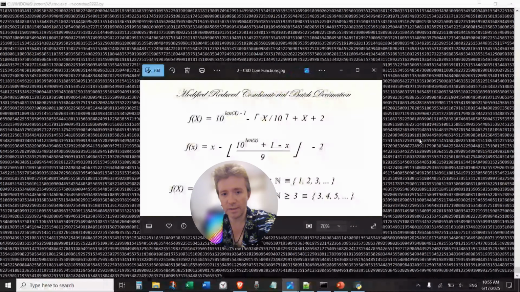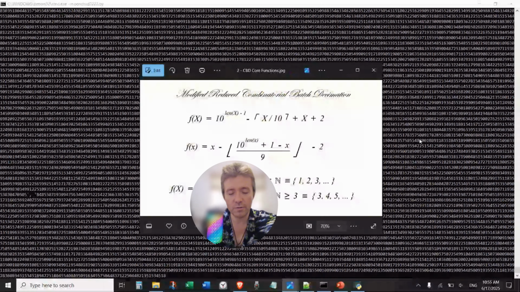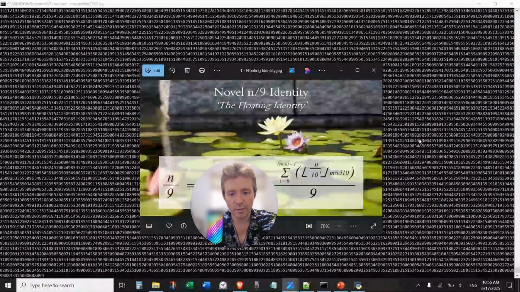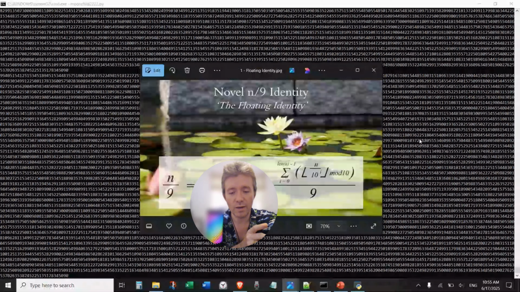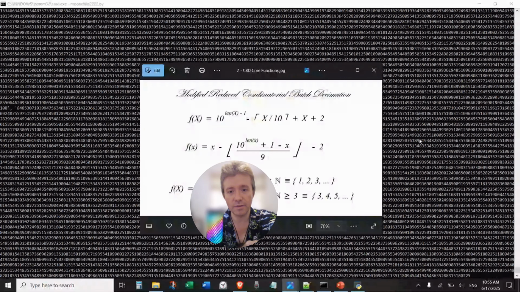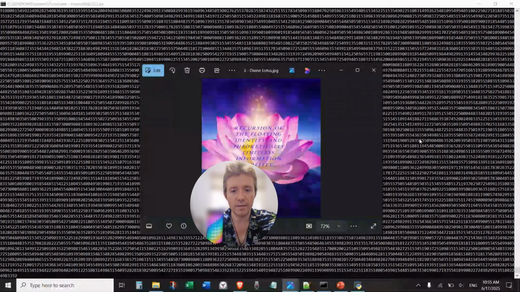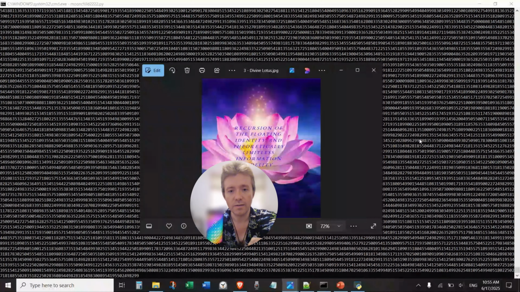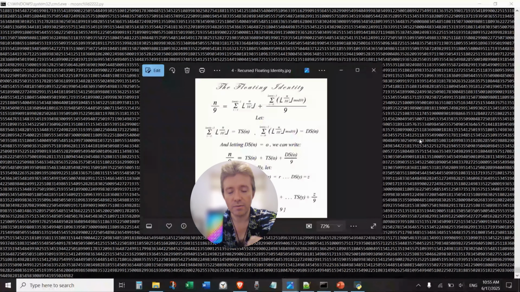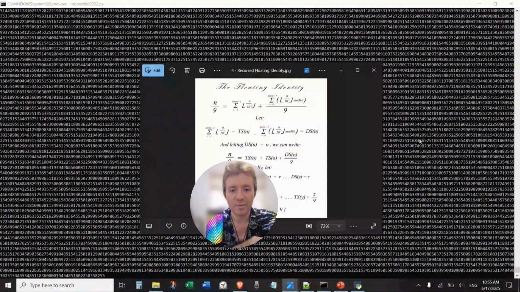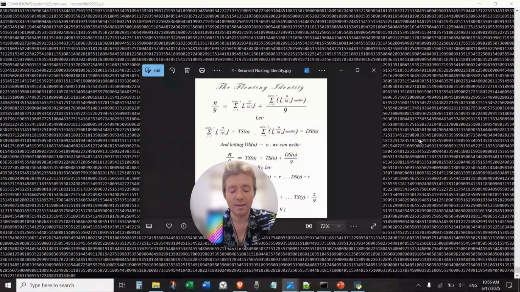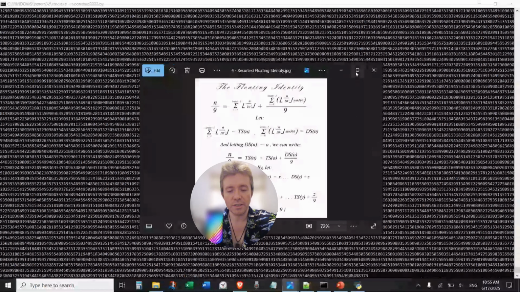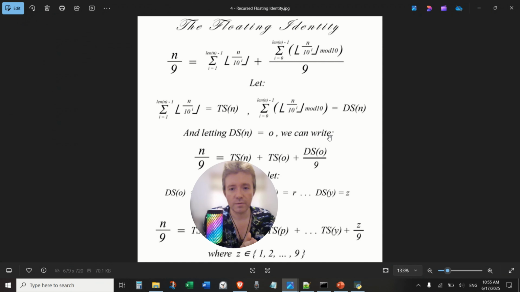There are the CBD functions, and you see the term over 9. The floating identity allows us to divide by 9 in base 10, while only dividing the sum of digits of the number by 9, which is a solution that can be done recursively, aka recursion, in order to achieve full fidelity.